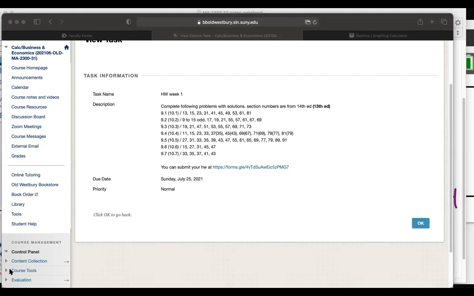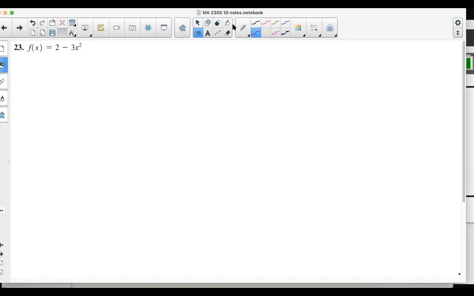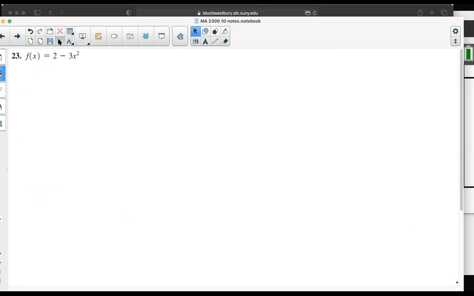Okay, so what if I were to move on to 23 for a second? In this question, they want you to find the derivative using the limit definition.